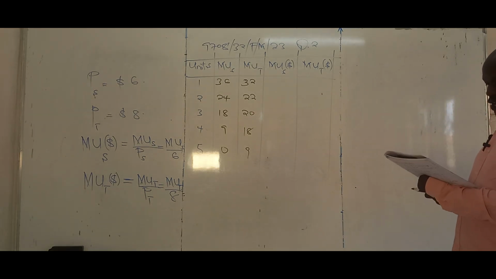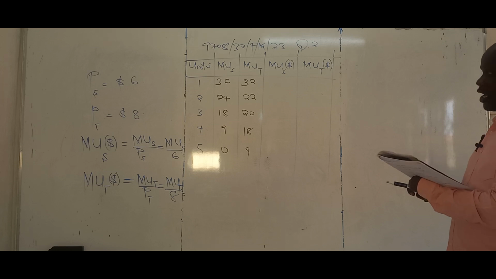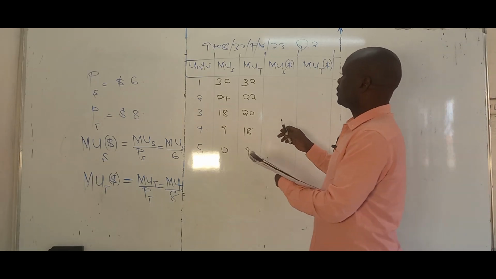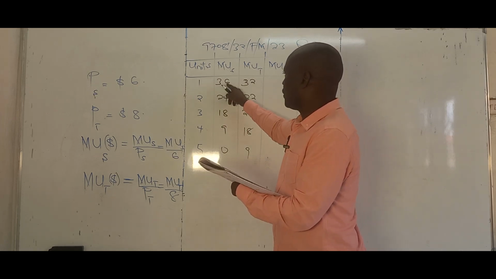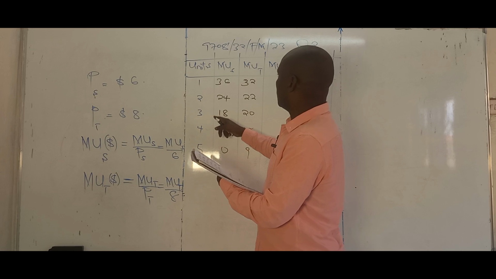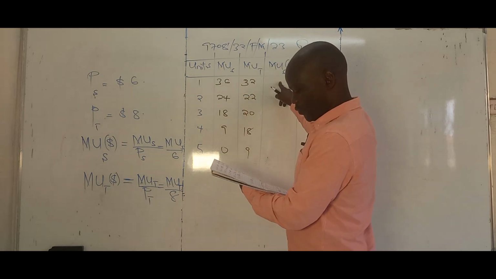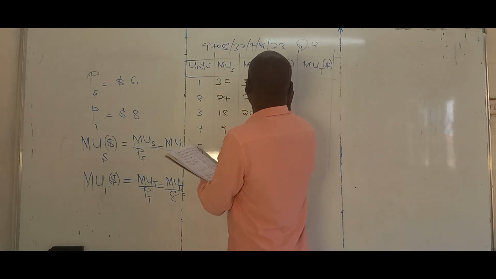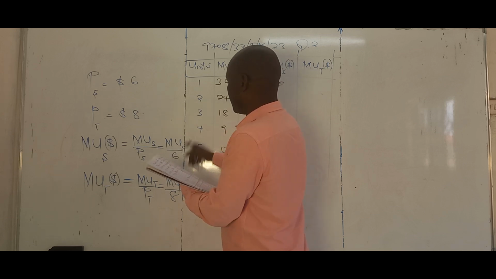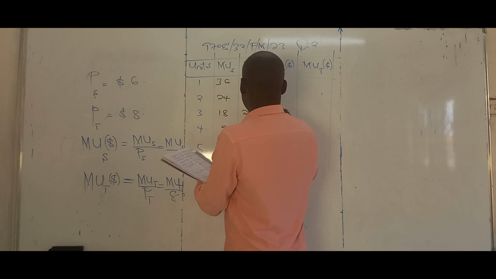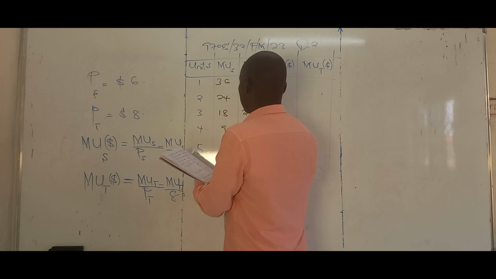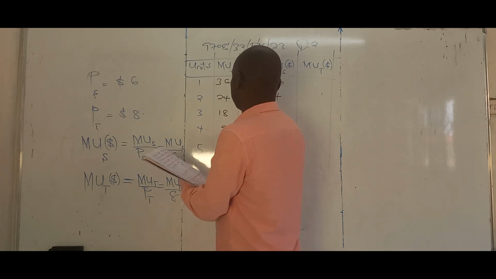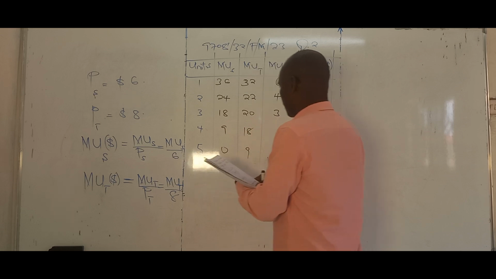So what value are we going to have here? Because now we divide every value here by 6. So 36 divided by 6, we get 6. 24 divided by 6, we get 4. 18 divided by 6, we get 3. 9 divided by 6, we get 1.5.